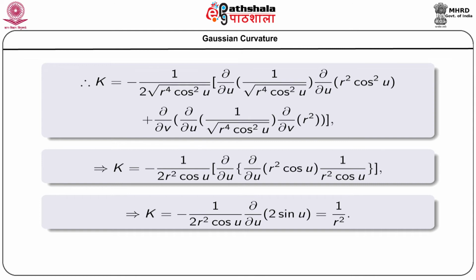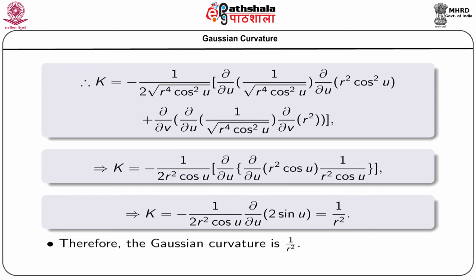That means the Gaussian curvature is equal to 1 by r square, where r is the radius of the sphere. So, in this way we can calculate the Gaussian curvature if the coordinate system is orthogonal.